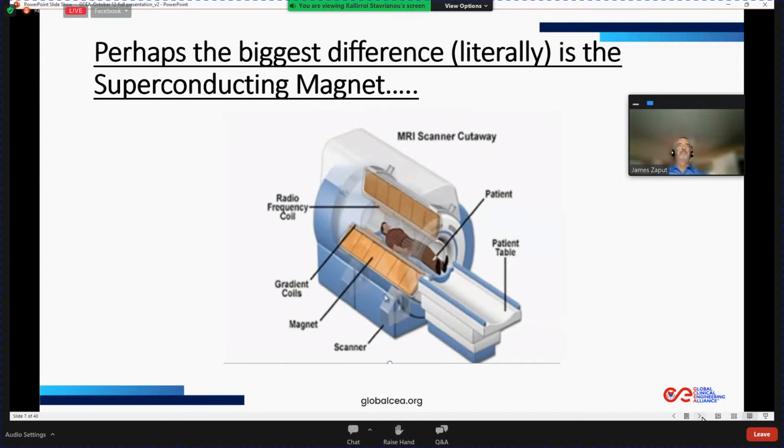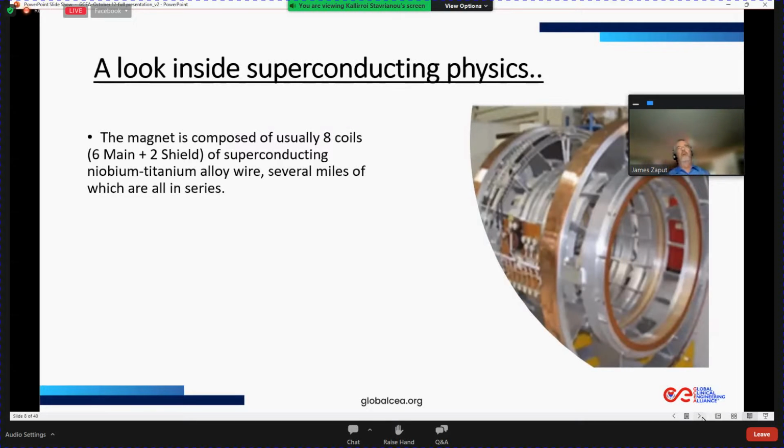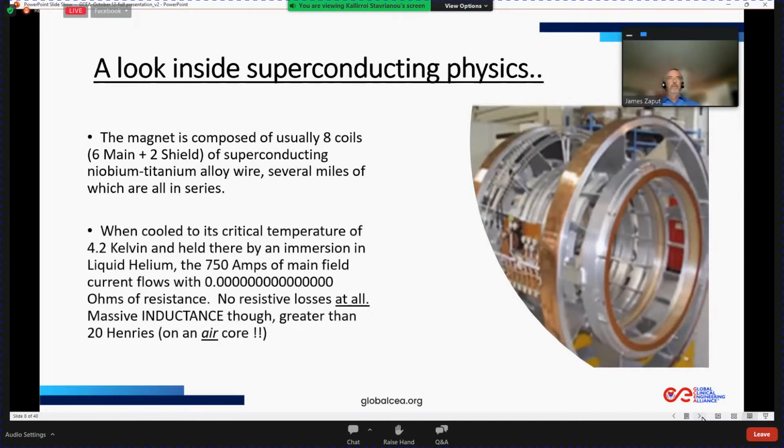Next, please. So let's take a look inside at superconducting physics. When we say the magnet, or you see an MRI in a suite, inside that magnet, there are usually 8 coils. There are 6 main field coils and 2 shielding coils of superconducting niobium titanium wire, several miles of which are all in series.